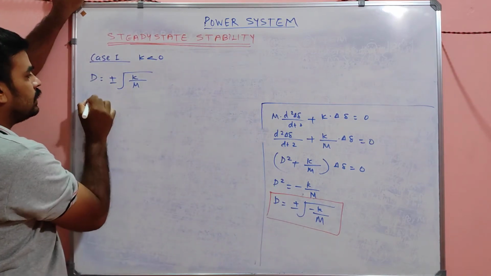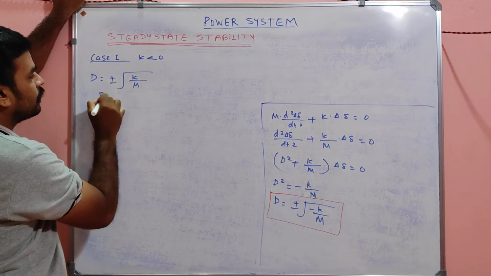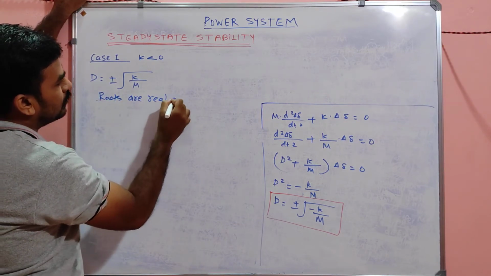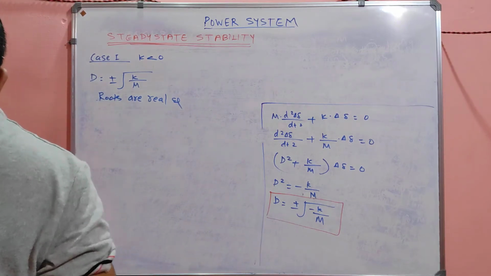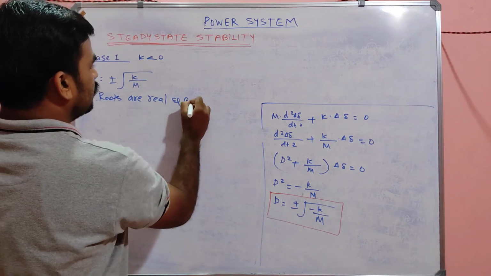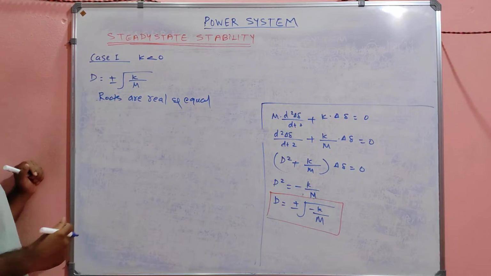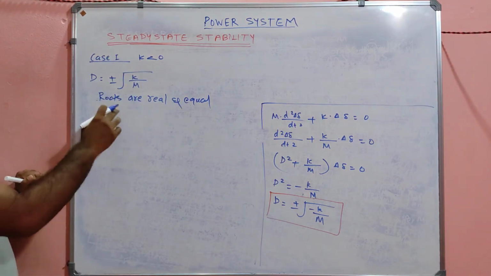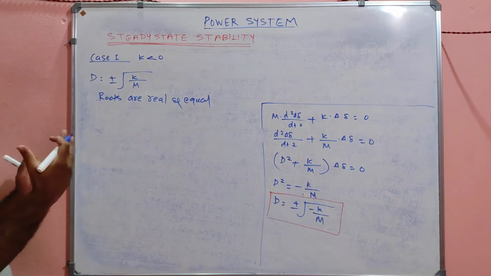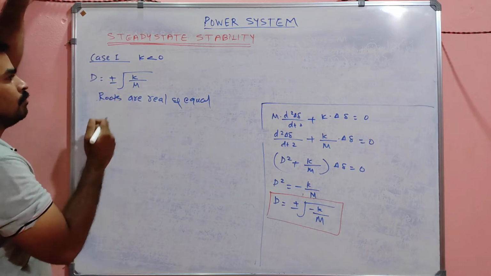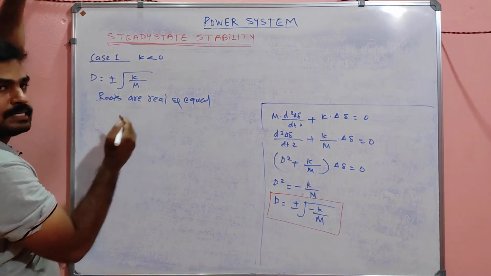So I can say that the roots are real and equal. Am I right, my dear? If k is negative, the roots are real and equal. Magnitude will be equal. That's the meaning.